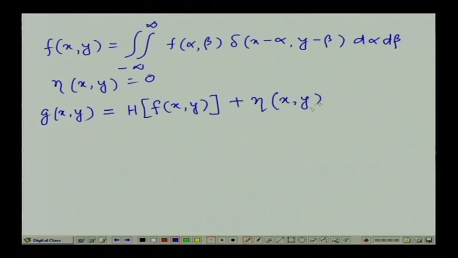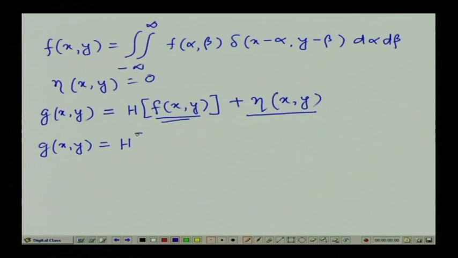So, for the time being, we are assuming that this additive noise term eta x y is 0 or negligible, then the degraded image g x y can now be written in the form h of, I replace this f x y by this integral term.